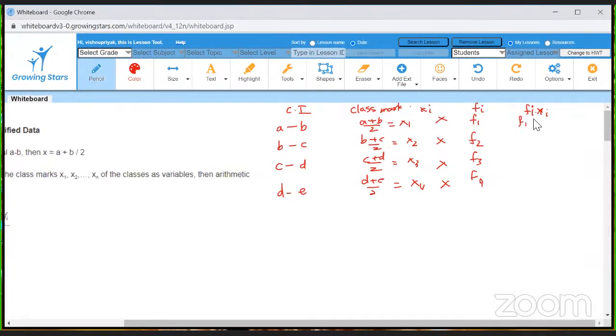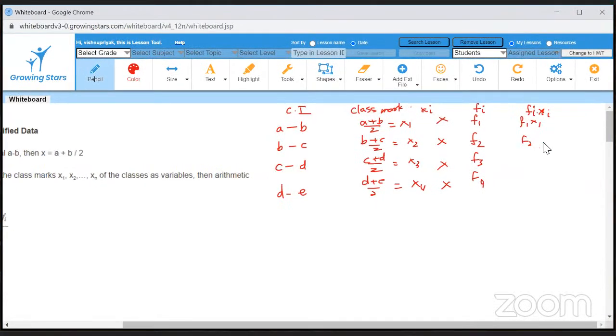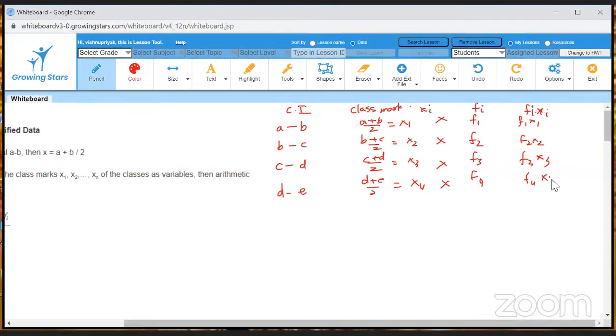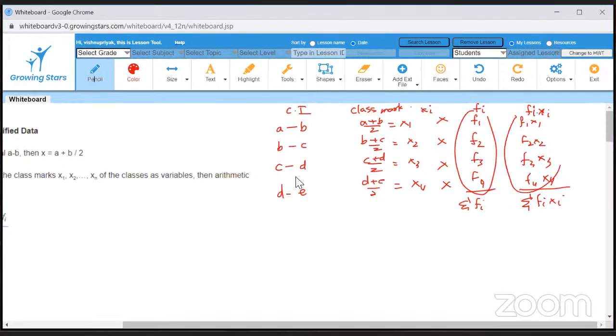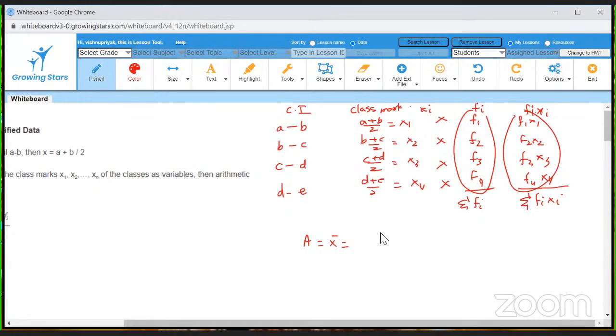That means you'll multiply F1 X1, F2 X2, F3 X3, F4 X4. Now you will add up sigma, means add all the Fi Xi's. Add all the Fi's. Then arithmetic mean or X bar will be, take this sum sigma Fi Xi, divide by sigma Fi. You can find arithmetic mean.